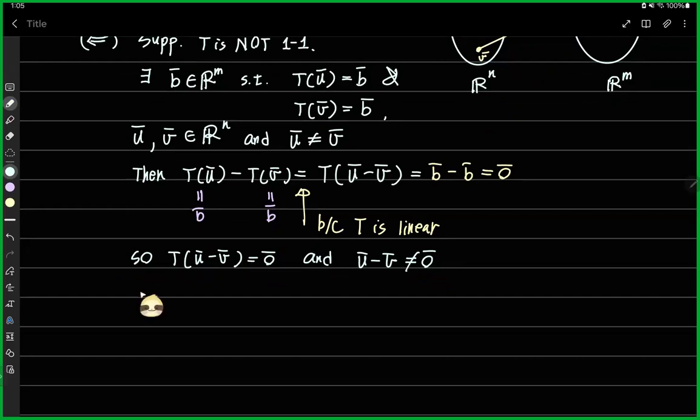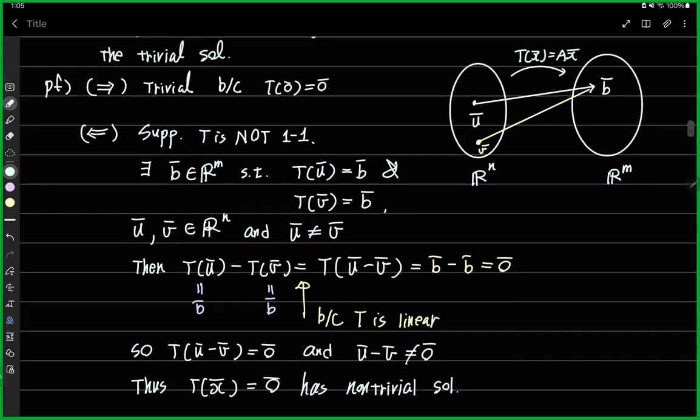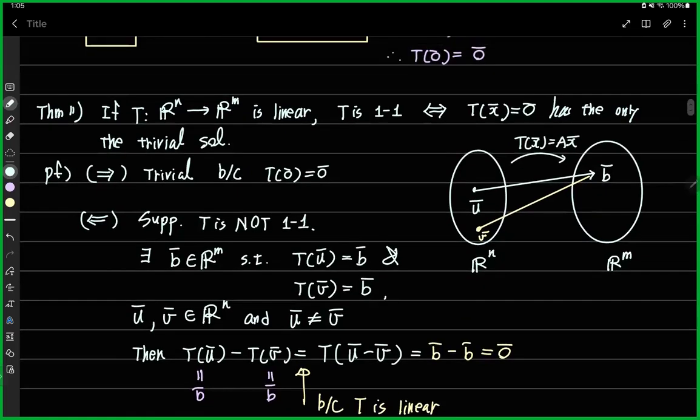So what does that mean? Thus, T of X equals 0 vector has a non-trivial solution. That's a problem, right? We assumed that T of X equals 0 has only the trivial solution. That's the assumption. But we got a non-trivial solution.